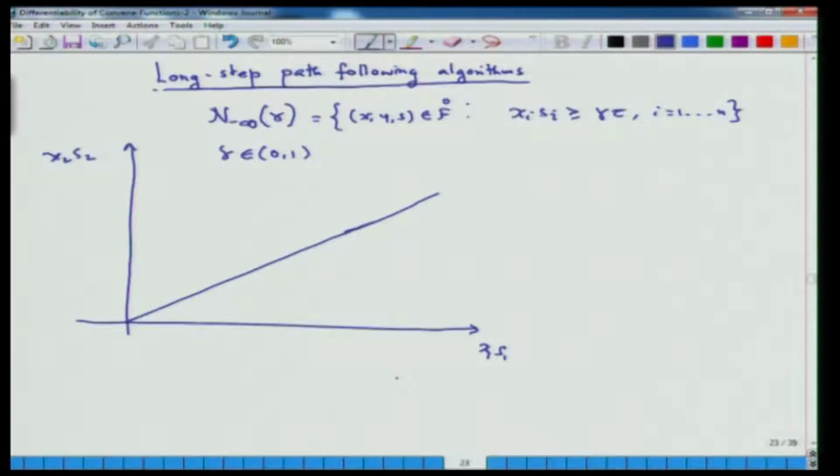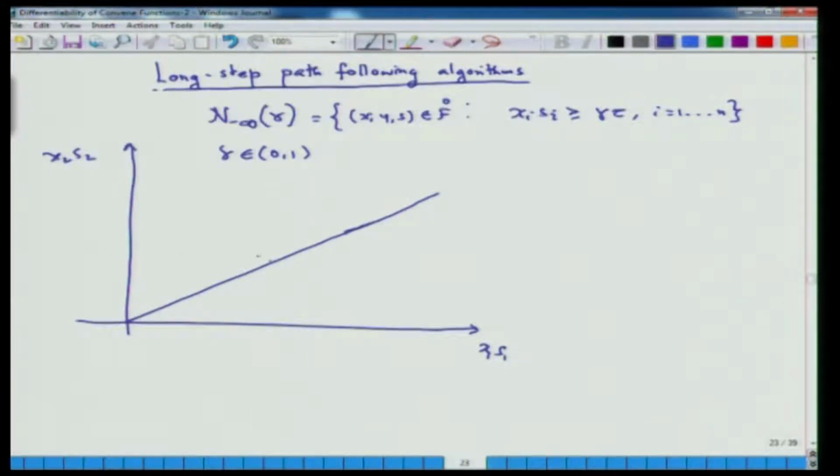How is it a smaller or bigger neighborhood? The answer is that it is a bigger neighborhood here. Why? xi si is greater than or equal to gamma into tau. So, if there is a particular tau, suppose you take x1 s1 and x2 s2. So, x1 s1, which is this value, has to be bigger than something, and x2 s2 has to also be bigger than something.